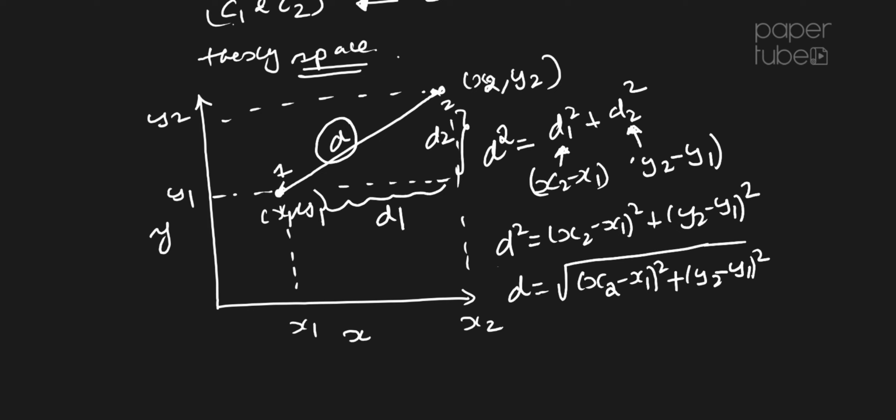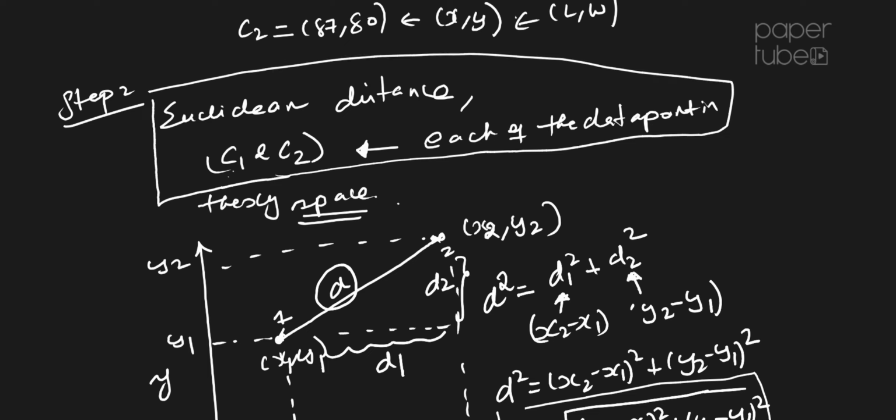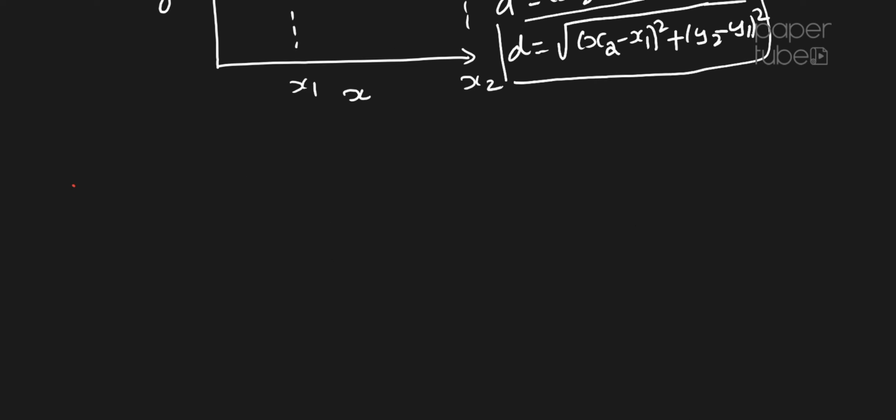So since we know the formula now, let's go back to our problem. As I said, we have to calculate the Euclidean distance between the cluster centers C1 and C2 and each of the data points in the given data set. So let's calculate it. Let's make a small table.